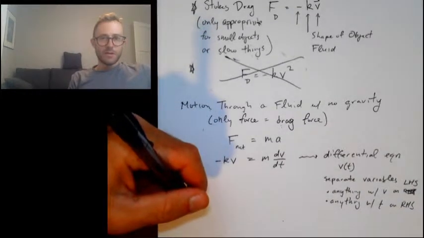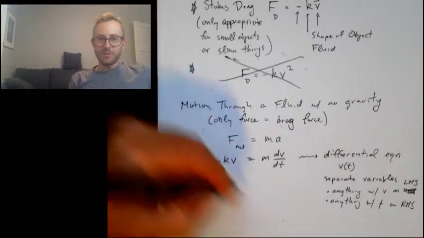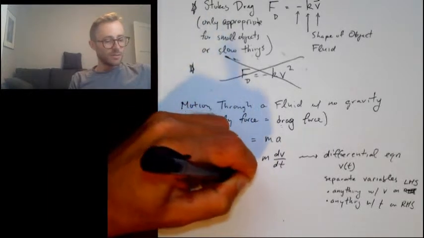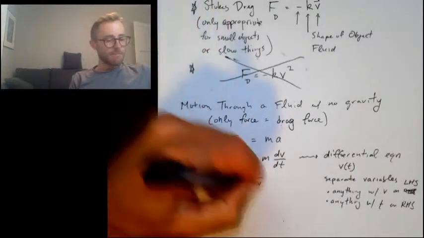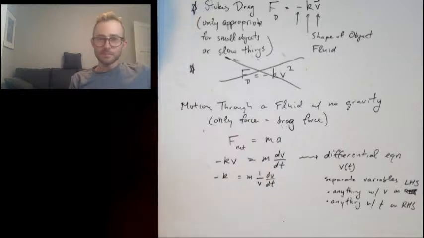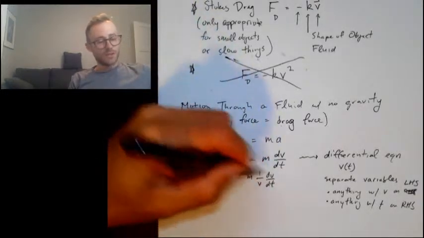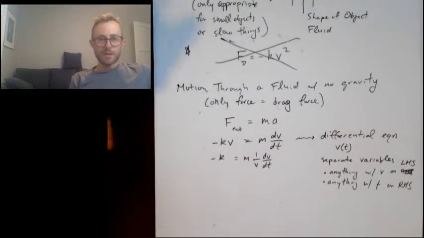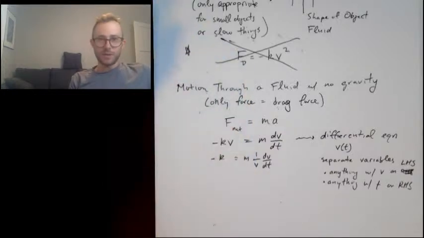Okay? So what I'm going to do is divide both sides by velocity. So I have minus k equals m times 1 over v dv dt. Okay? So I have velocity all on this side of the equation, because I have dv and v on the right-hand side.